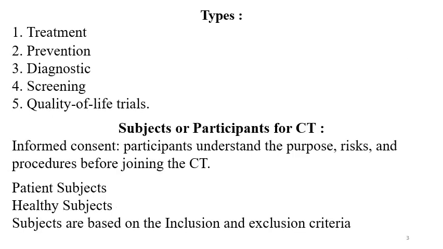The types of clinical trials are treatment type, prevention type, diagnostic type, screening type, and quality of life trials. So, based on the design and the objective, the clinical trials may be for treatment, prevention, diagnostic, screening, and quality of life.